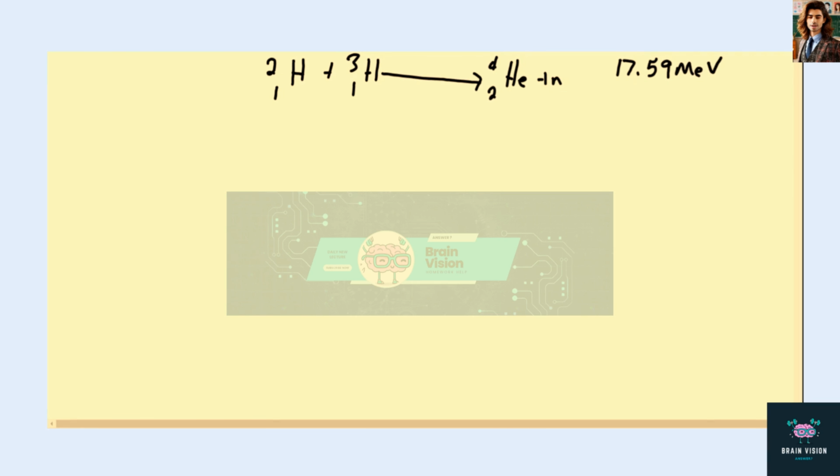With this, we can just find the energy released, and that's going to be M of H plus M of H, minus M of He, where H is hydrogen by the way, minus M of the neutron, times c squared.